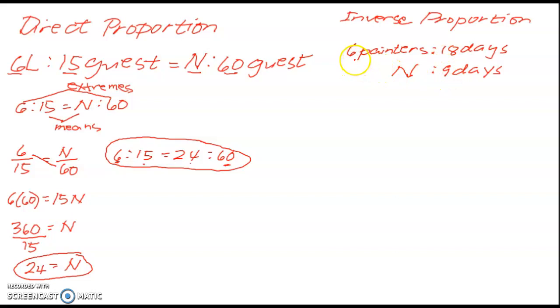Do you think the 6 will become lesser too, or will it become greater in number? Greater in number. Of course, he will need more painters to do the job because he needs to do it in a shorter period of time. So, in inverse proportion, this is what happens with the 6 painters.